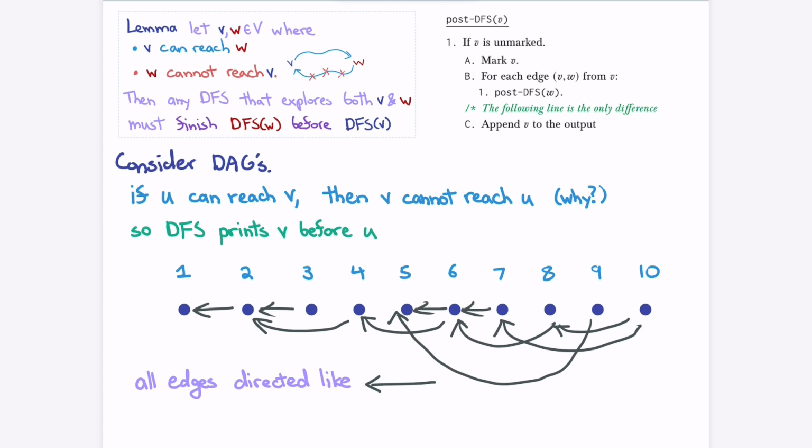Okay, so that means if I did the post DFS and thought through what this lemma tells us, every time U can reach V, V will get printed before U. Right? So if I printed the vertices out in order and afterwards drew the edges, they would all have to go this way. Okay? Because of that previous argument.